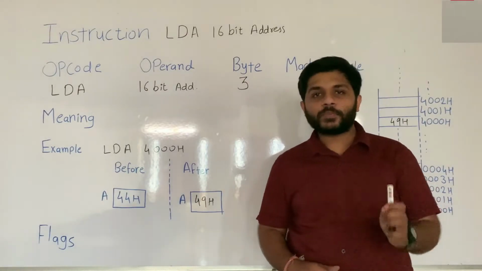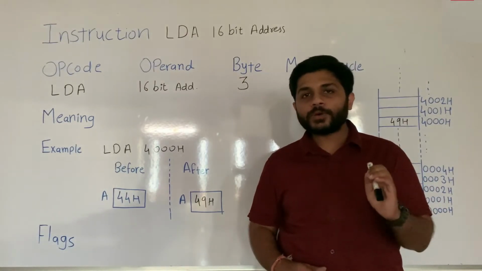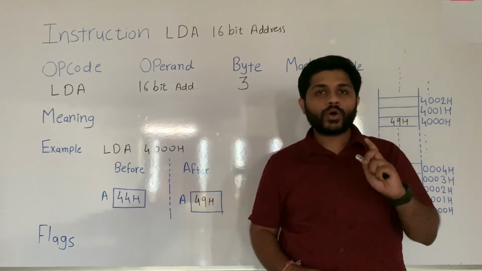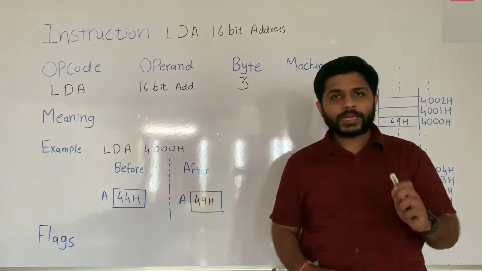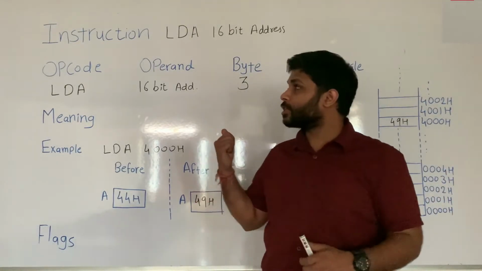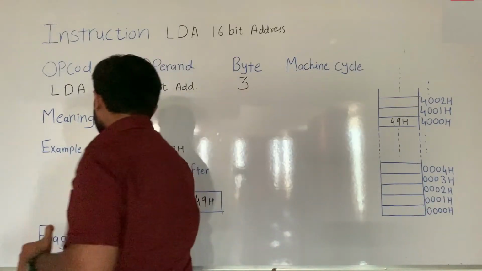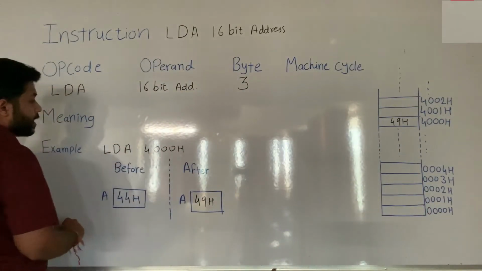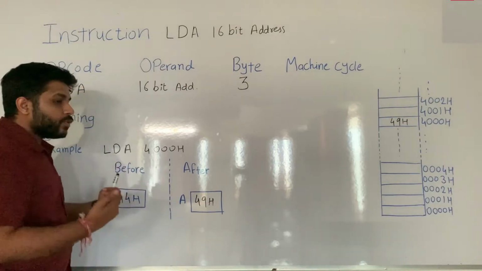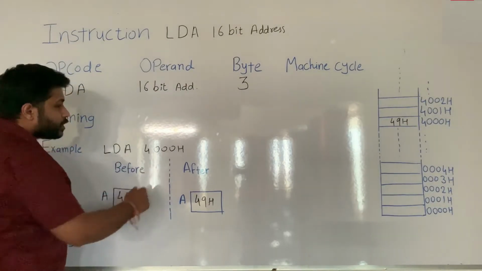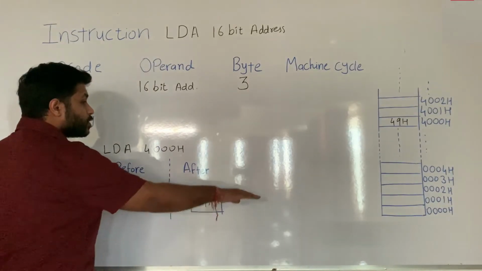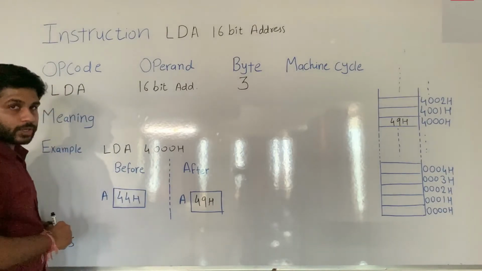Now let's see the machine cycle. To understand the machine cycle, you have to understand every process of a particular instruction. So let's see the steps done by the microprocessor when this instruction is executed. Suppose LDA 4000H is the example. When you give this LDA 4000H to the microprocessor, this instruction will be stored in the memory from the starting location.